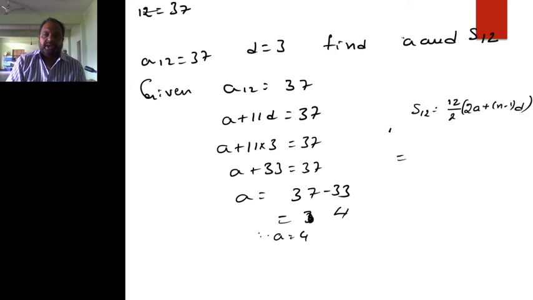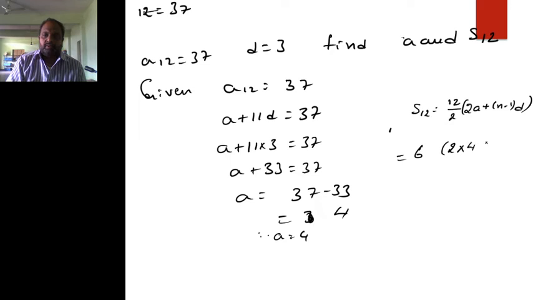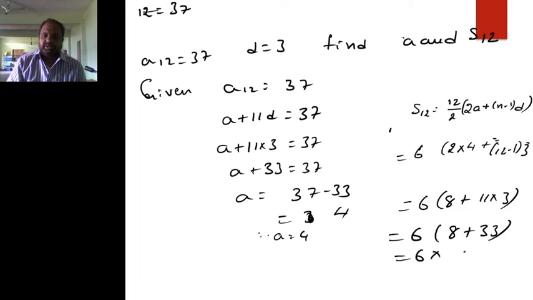We know all the values of A and D. 12 by 2 means 6, into (2 into 4 plus (12 minus 1) into D, where D is 3). That is 6 into (8 plus 11 into 3), which is 6 into (8 plus 33), 6 into 41. 6 into 41 is equal to 246.